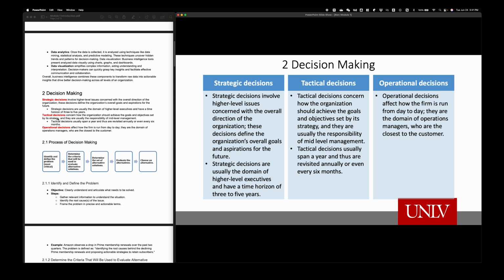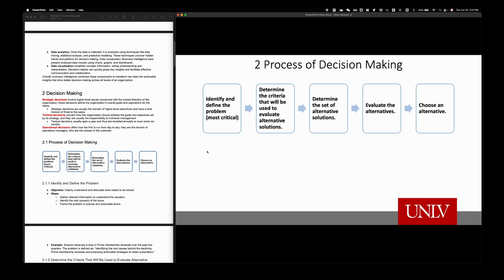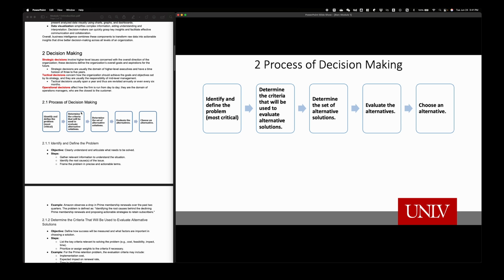Now that we understand the three types of decision, strategic, tactical, and operational, the next question is, how do organizations actually make these decisions? Making decisions isn't just about choosing randomly or relying on intuition. It follows a structured process where decision makers firstly clearly define the problem, then evaluate possible solutions, and finally select the best option based on data and analysis.